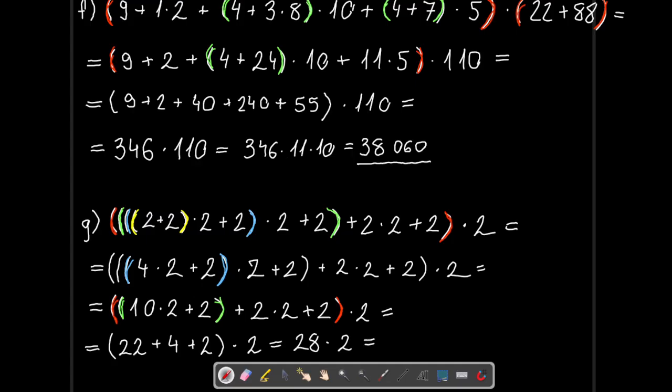What is that? Let's use the distribution for the final time. We know that 28 is 30 minus 2 times 2. And multiplying 2 by 30 gives us 60, and 2 by 2 gives us 4. And that's 56.